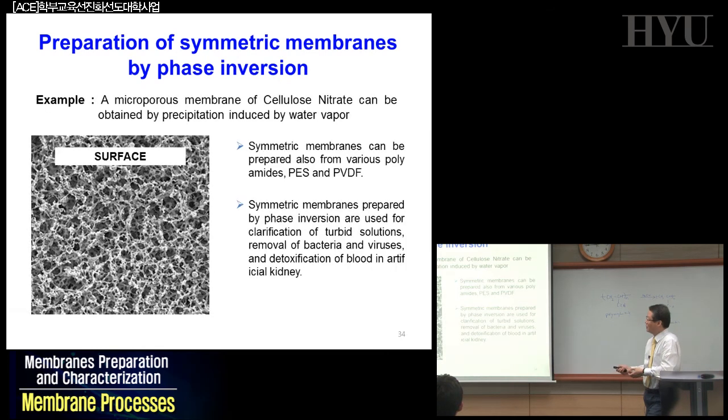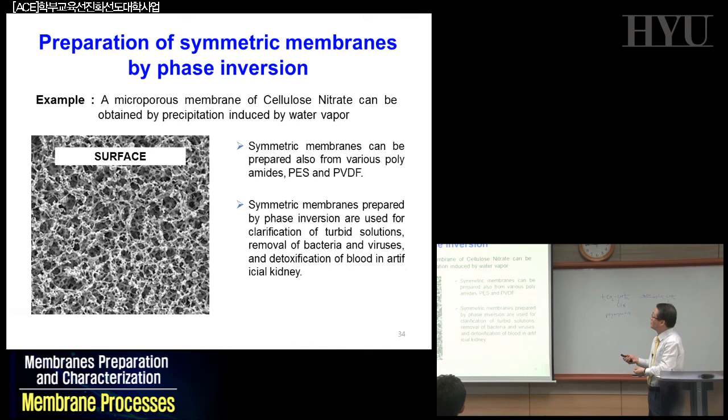And you can make porous films, and this is the surface, and perhaps the cross section might be the same geometry. You can make a symmetric membrane out of polyethersulfone or PVDF. Or you can make cellulose acetate or cellulose nitrate, and so on.